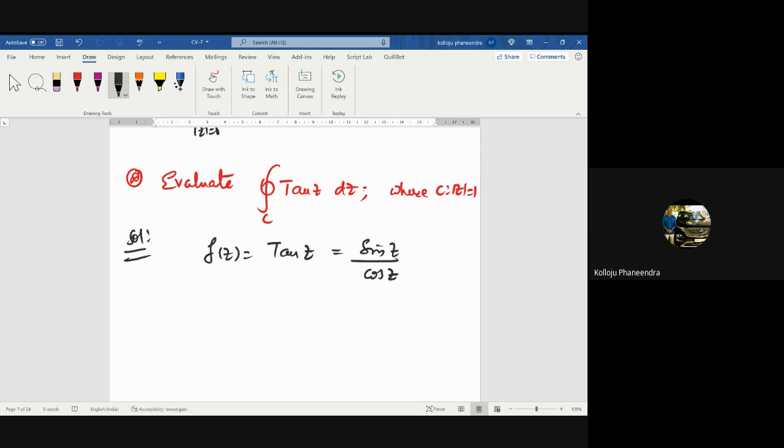So continuity is the main condition. First of all, f of z must be continuous. Continuous means it must exist. f of z must be continuous for differentiability.